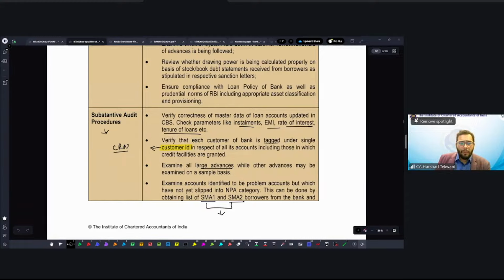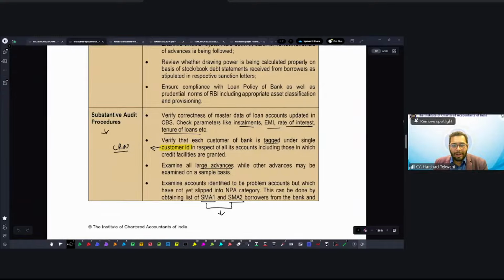Now, what is the use of these reserves and why are they required to be created? See, the requirement of these reserves comes from different parts of the regulations and acts.